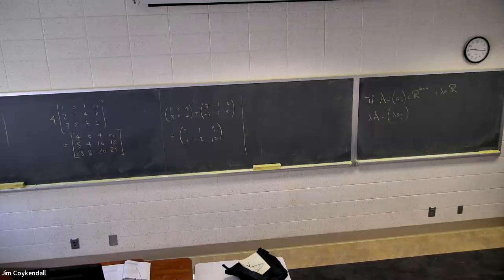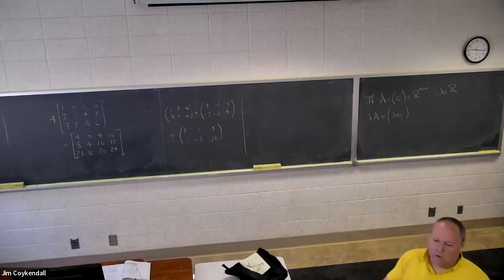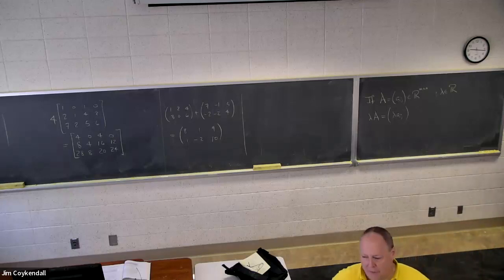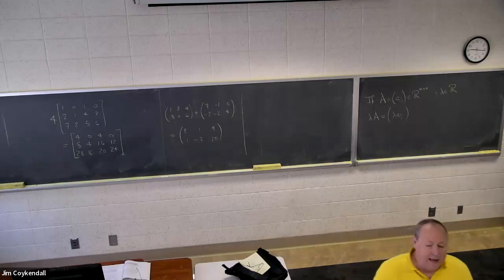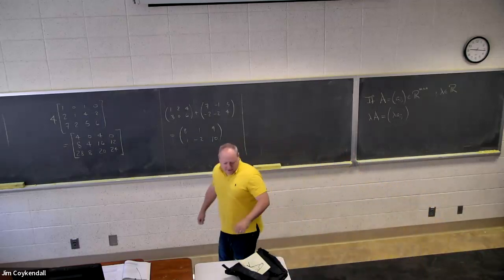But what is implicit in this? What do I need to be able to add matrices? They need to be the same size. I'm not going to define how to add a 2 by 2 matrix to a 5 by 3 matrix. I can't really, so we're not going to pay any attention to that.